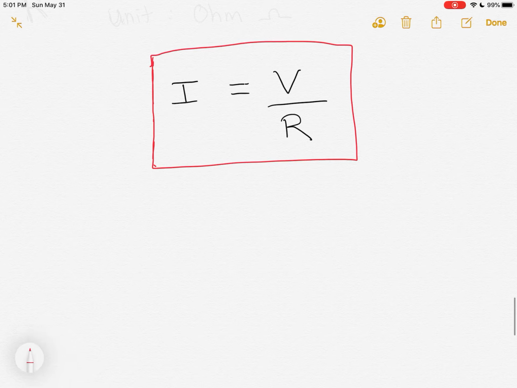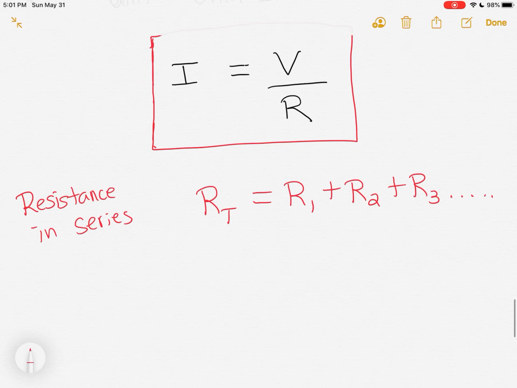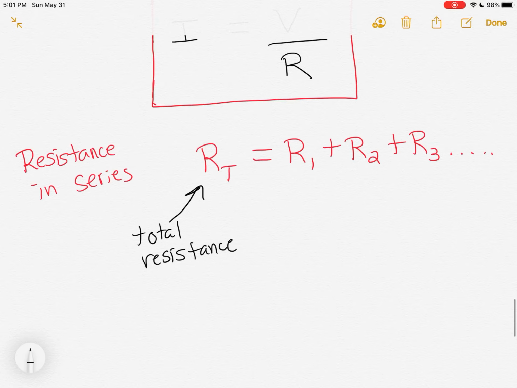I'm going to need a little more space in a small box for resistance. There is a special formula: if you want to find the total resistance for the whole circuit, you add up the different resistors in the circuit. As long as they're in series, you can just add them together.